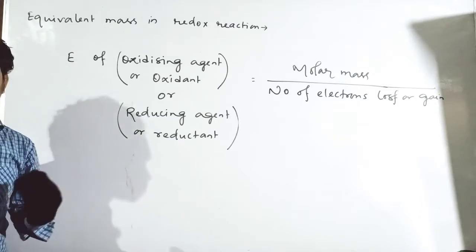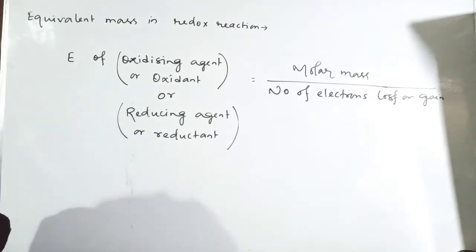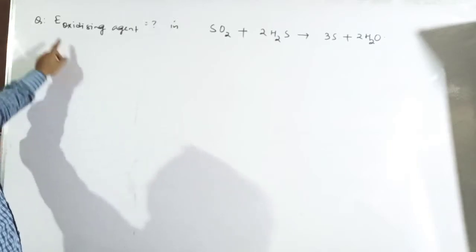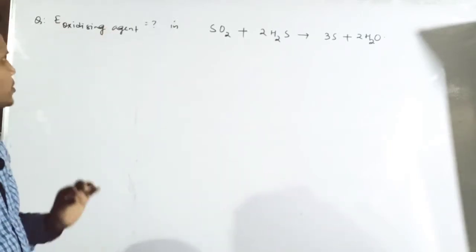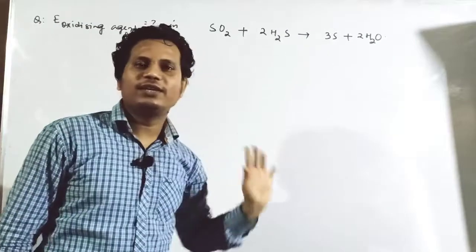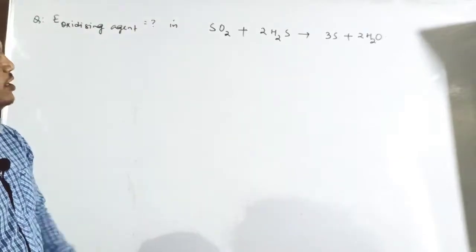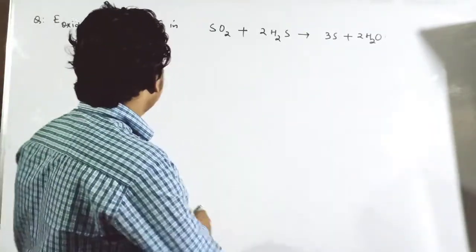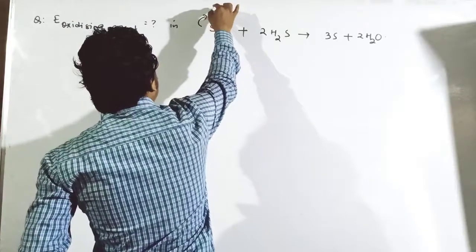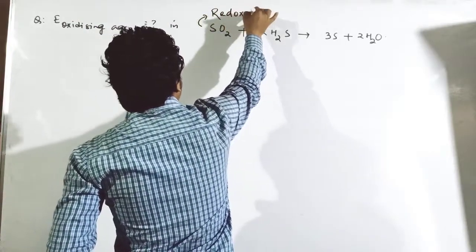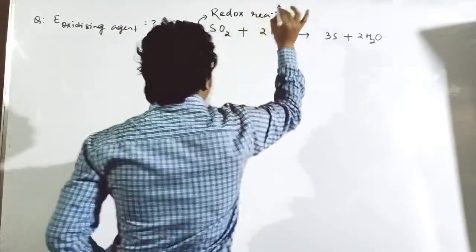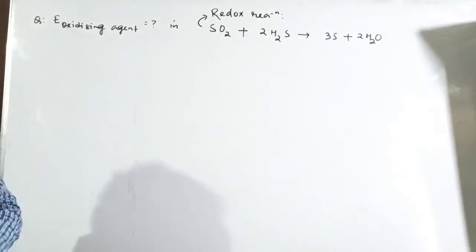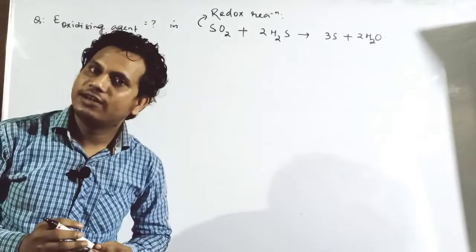For example, what is the equivalent mass of the oxidizing agent in the given redox reaction? It is a redox reaction, the reaction in which both oxidation and reduction take place.